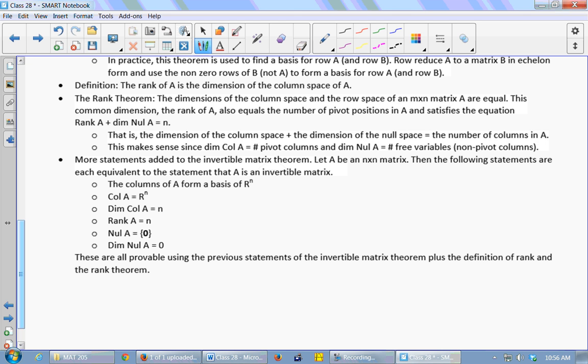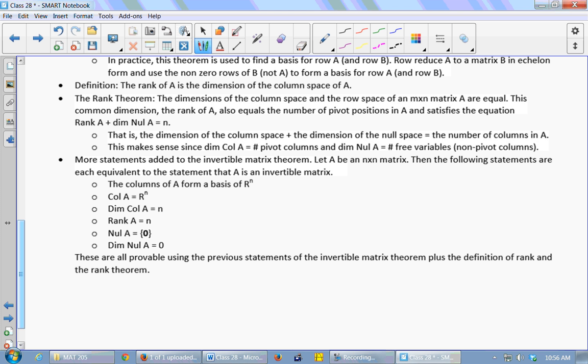The rank of A is n, because the definition is the dimension of the column space. The dimension of the null space of A has to be 0, right? Because rank plus the dimension of the null space has to equal the number of columns, then the dimension of the null space has to be 0, right? If the rank is already n.